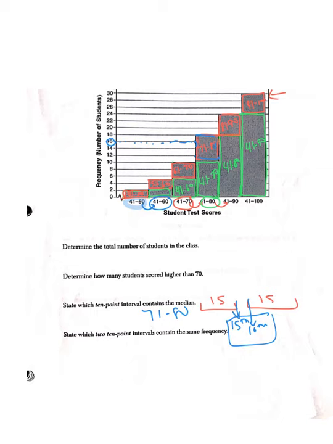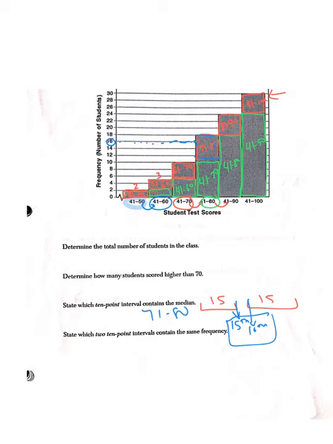Now, state which 2 10-point intervals contain the same frequency. For all the red sections, you have to figure out how much they represent. This first red section goes from 0 to 2, so it represents 2 people. The next red section, 51 to 60, goes from 2 to 5, so this represents 3 people.